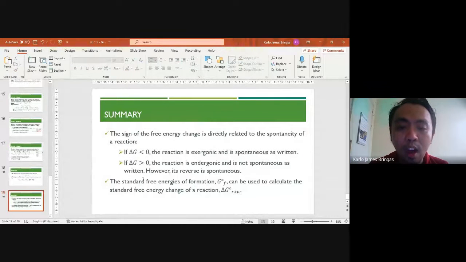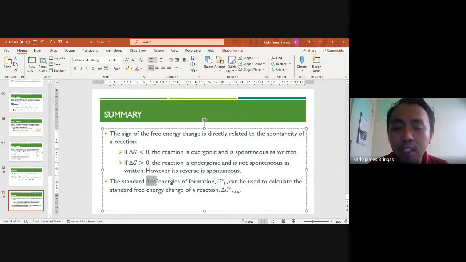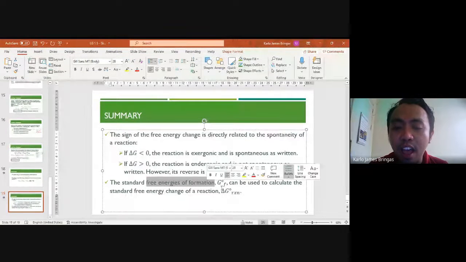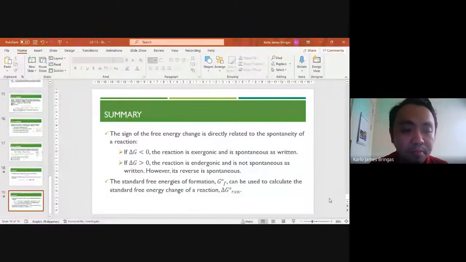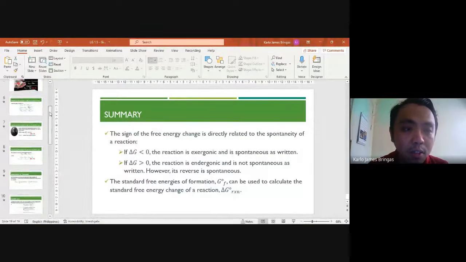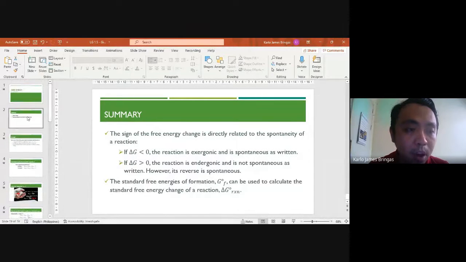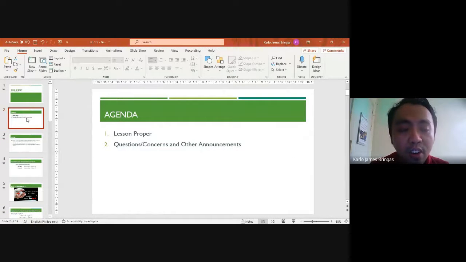Also, we can look up the free energies of formation. That is in Appendix B of Silberberg to enable us to compute the standard free energy change of the reaction, delta G degree Rxn. So that basically wraps up our lesson proper.